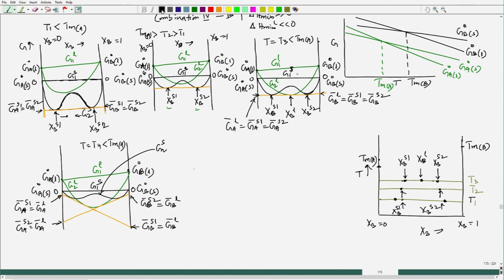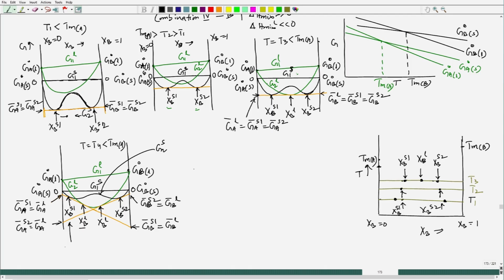So, now we have four compositions. One composition is here, another is here, here is one more, here is one more. So, those compositions are XB of S1, XB of liquid, but this is XB of liquid again, and this is XB of solid 2.